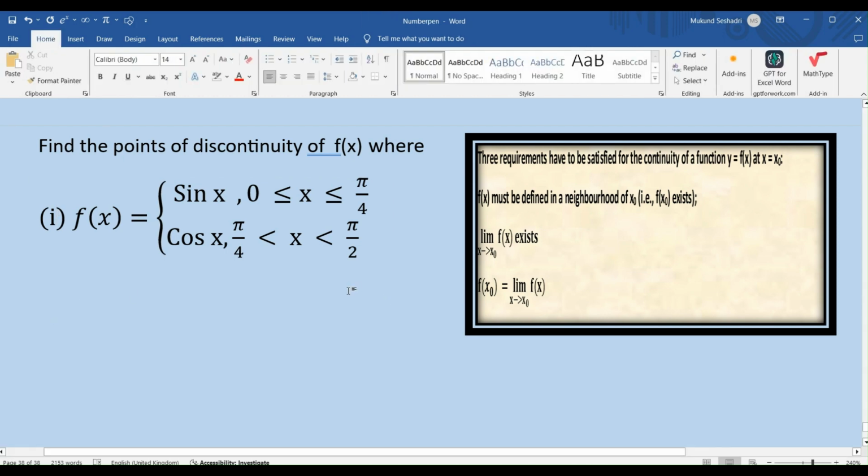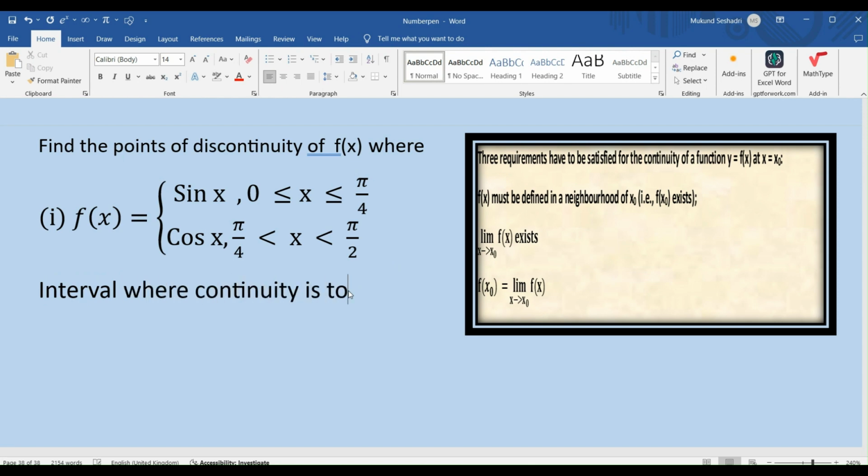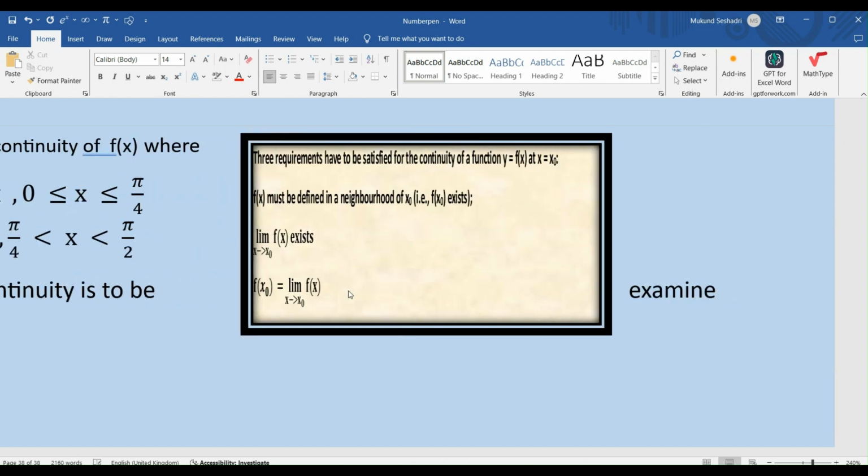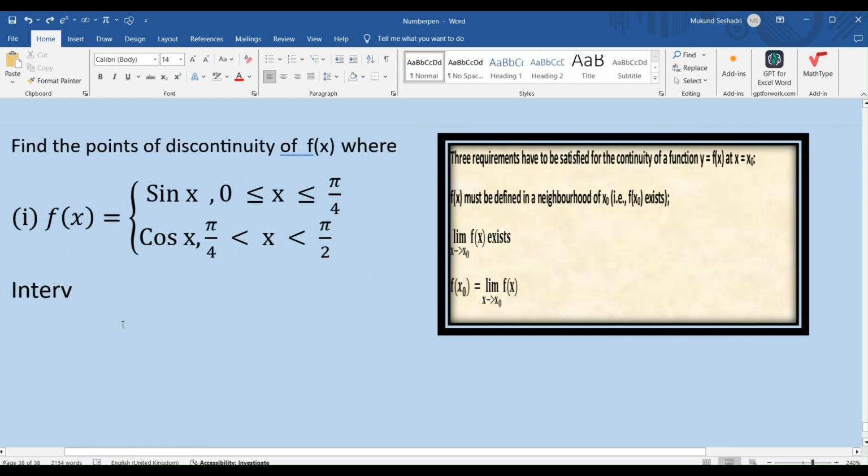So that is the first part: the interval where the continuity is to be examined. And what is that interval?